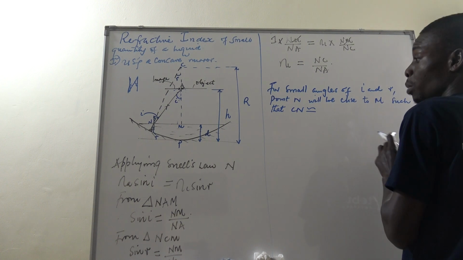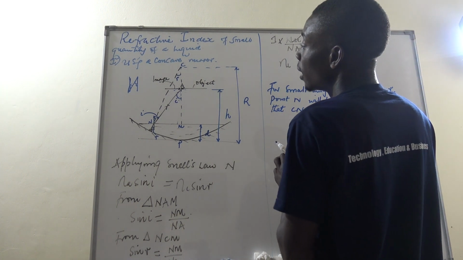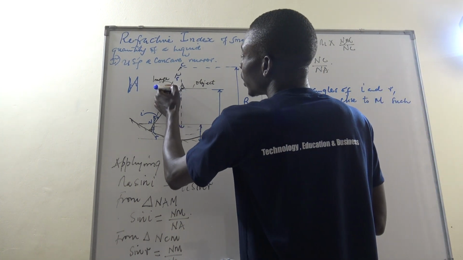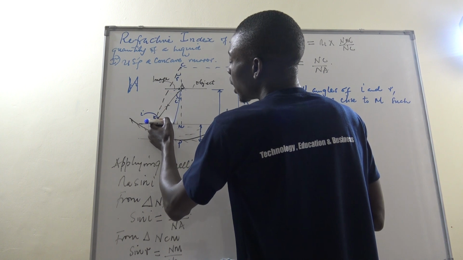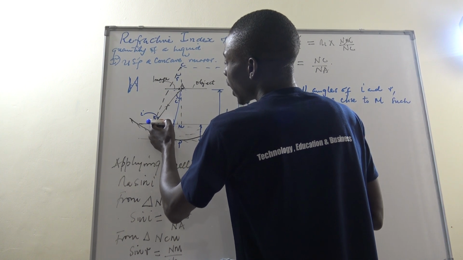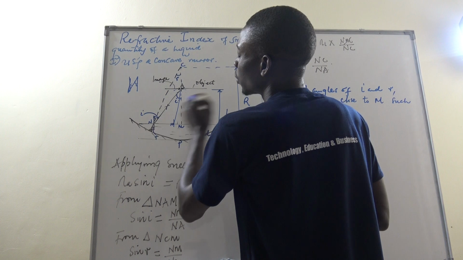Not equal, but approximately, since i is a smaller angle, it is maybe striking here, and now I have N here, the point where it is striking.